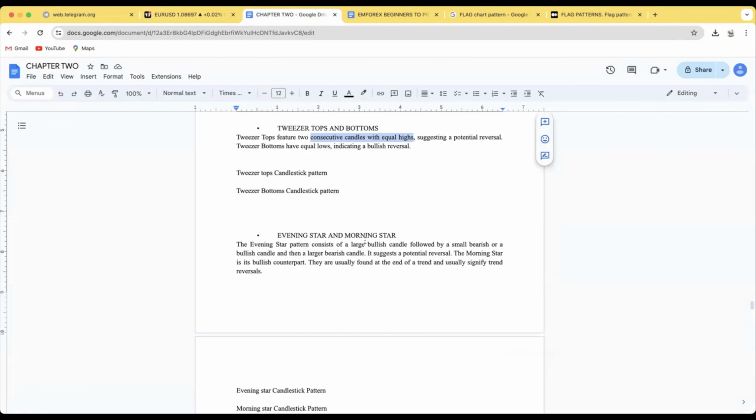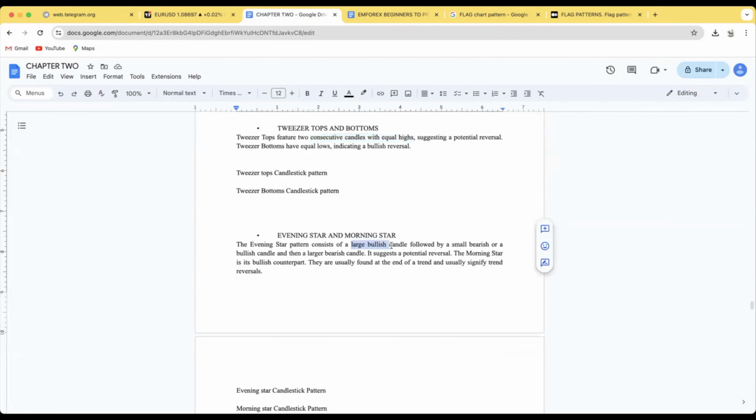Then we have the evening and morning star. The evening star pattern consists of a large bullish candle followed by a small bearish or bullish candle, and then a large bearish candle. Now, this is the psychology.